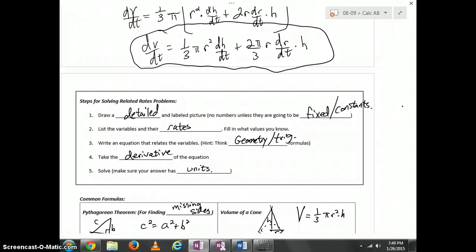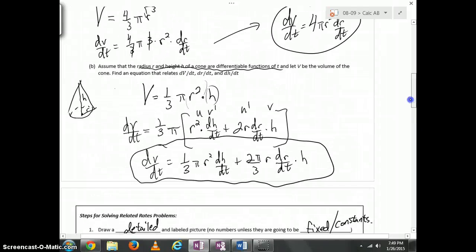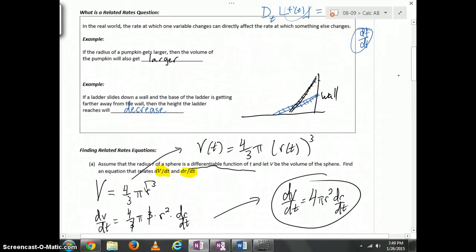For example, if we were to go back to this ladder problem that we had, the length of the ladder, perhaps it's a 10-foot ladder, is always going to be the same, regardless of where it is sliding. The distance from the base of the ladder to the wall could change.